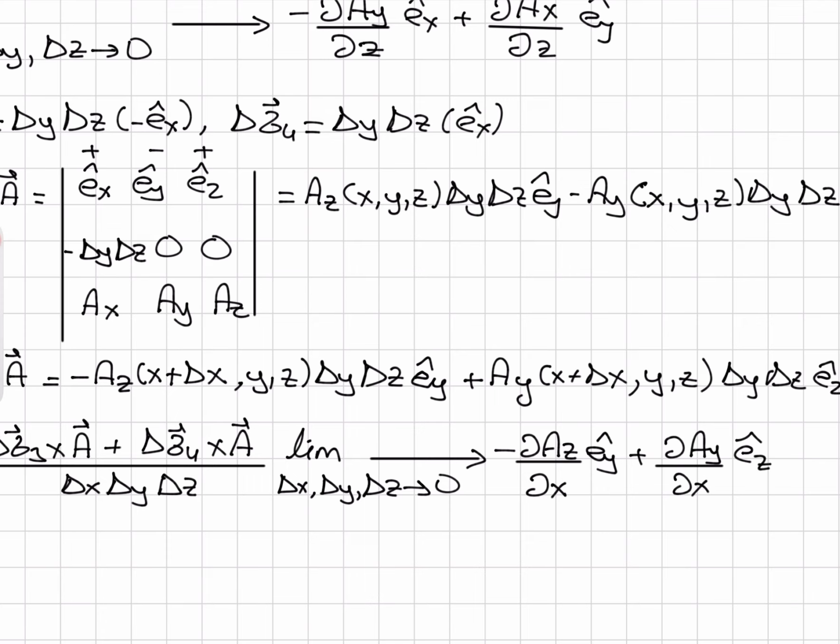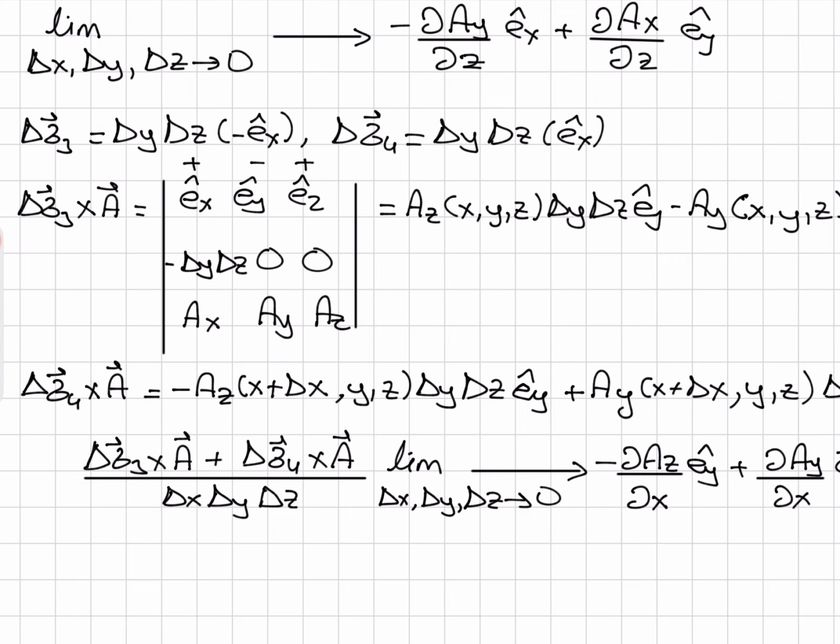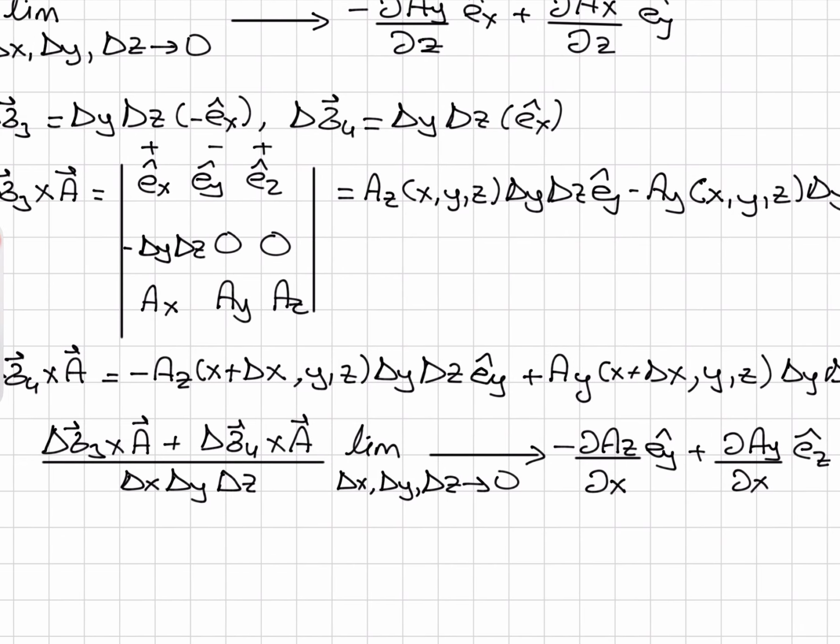Because delta y, delta z's will cancel. This delta x will become dx, and in this limit, it's the definition of partial derivative.